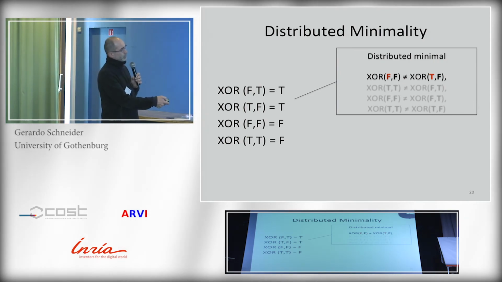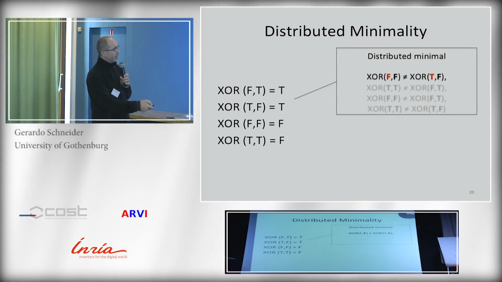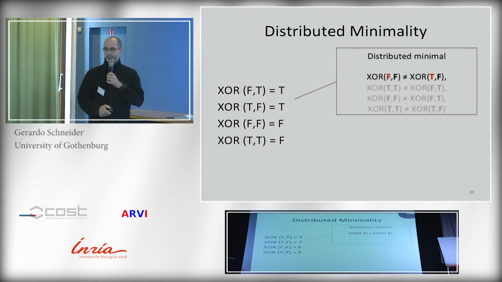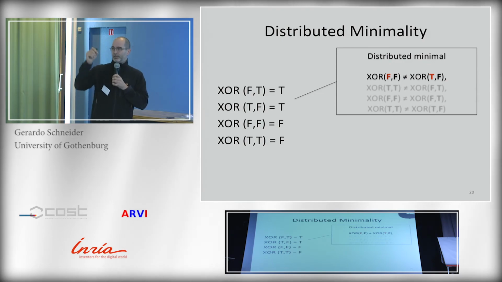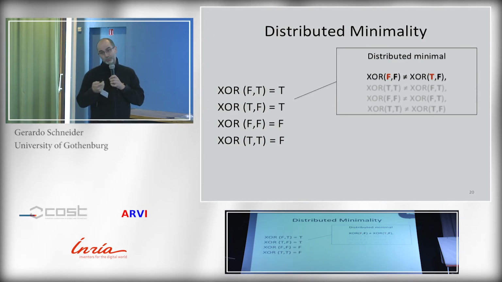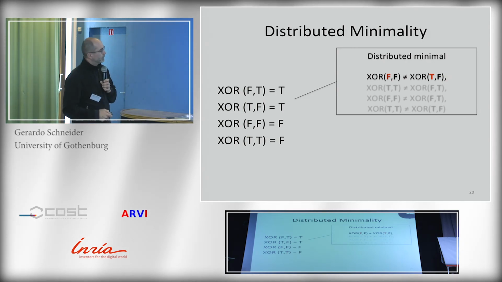You take all the possibilities where one of the parameters is the same, in this case the second parameter, and you just make a variation on the first one. You apply the function to these two input vectors, and if the outputs are different, okay, for the time being it satisfies the definition. But you should do it for all the inputs and outputs.